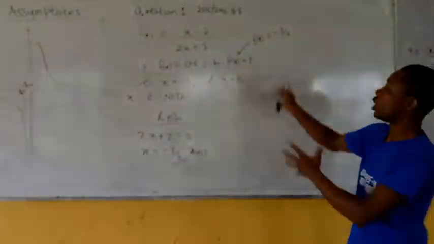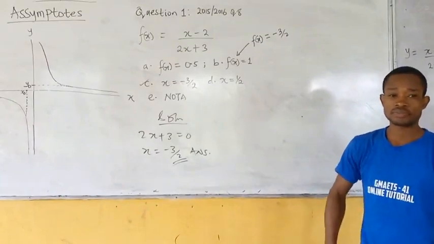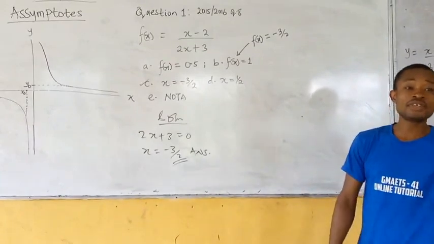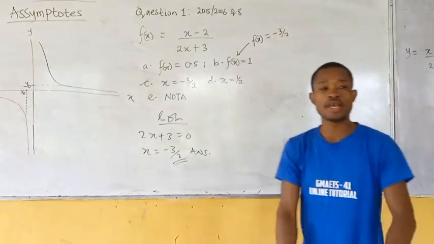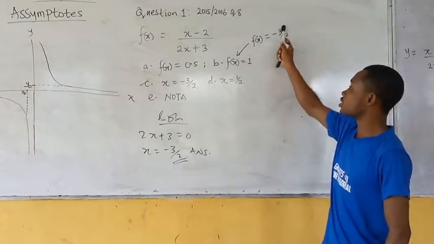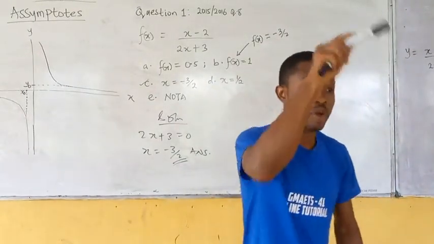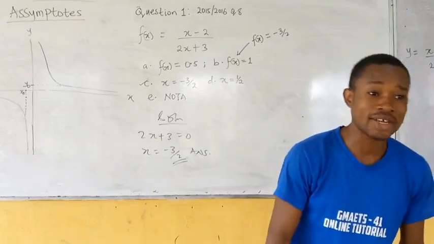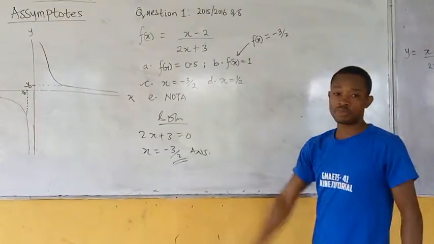So if these were the options provided, what would be the correct answer? Still C. The reason is because f of x is what? Correct. F of x is y. So somebody is telling you that y is equal to minus 3 over 2. If you are looking for vertical asymptote, that is asymptote parallel to the y-axis, is it y that you are calculating for? No. That is why this cannot be the answer.